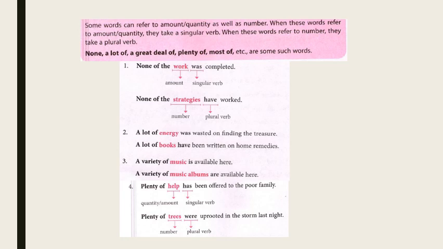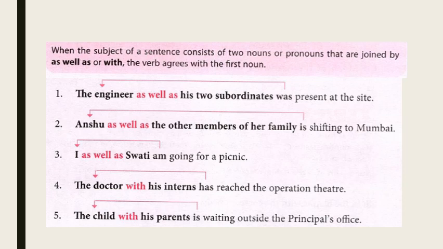Now coming to the next rule. When the subject of a sentence consists of two nouns or pronouns joined with as well as or with, the verb agrees with the first noun. So we have here two nouns or subjects: the engineer, his two subordinates.